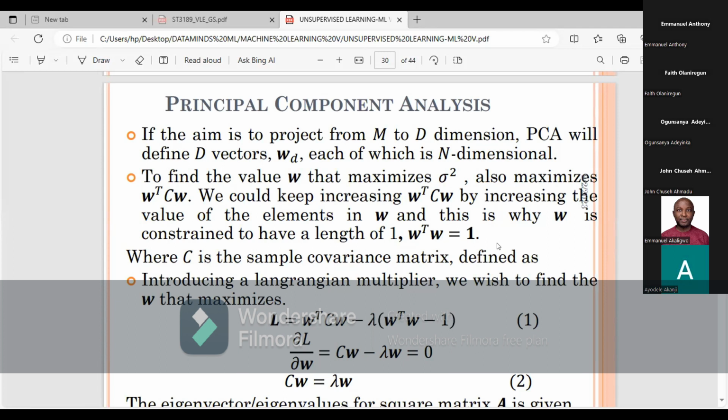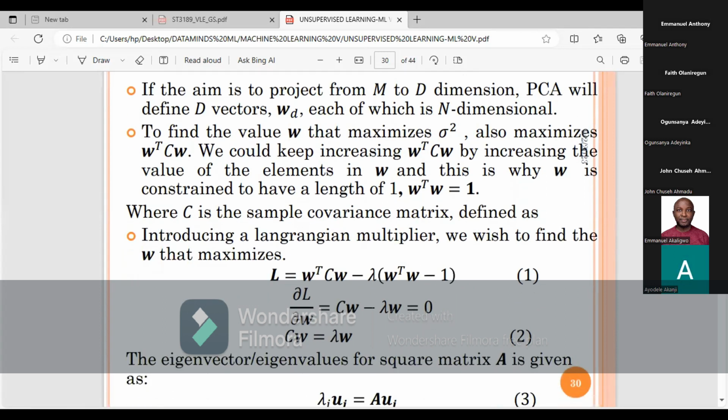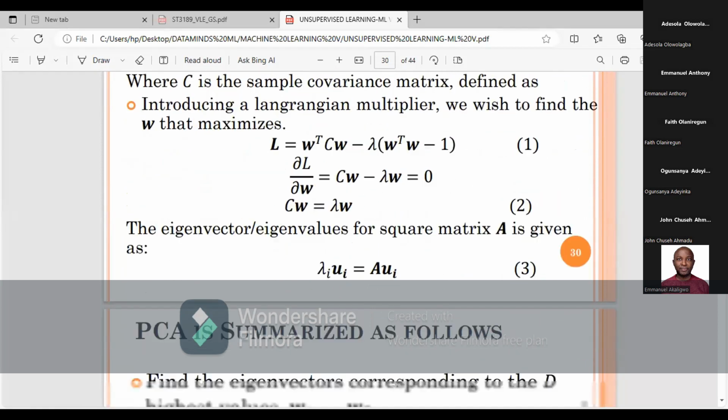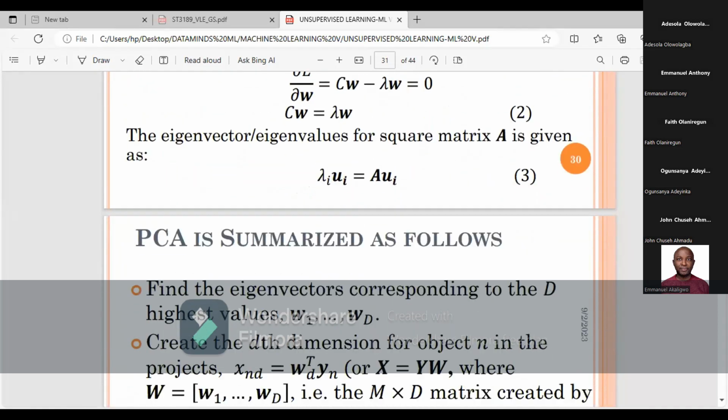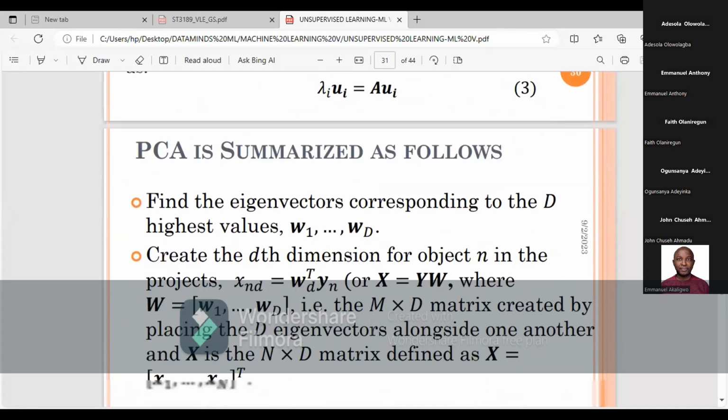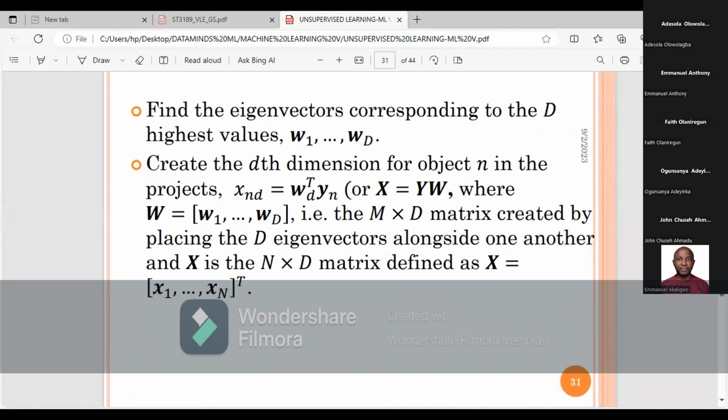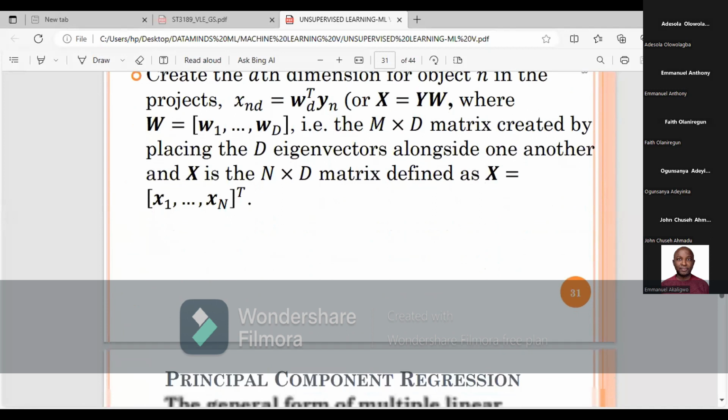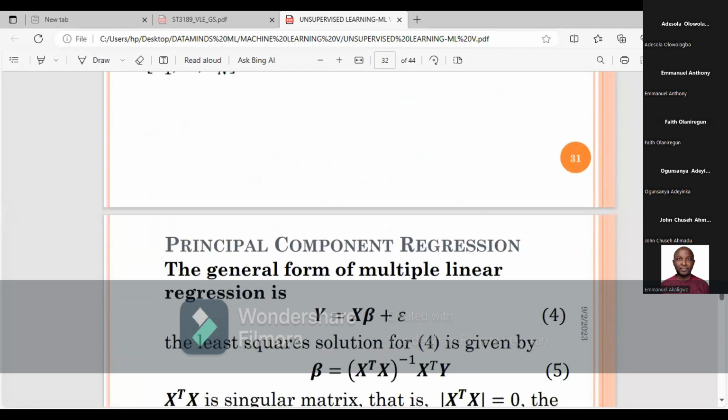And from our mathematics, we can see equation 1, starting from projecting from m to d dimension, and we have w sub d vector. When we subject that to Lagrange multiplier, it gives us equation 1. Then we produce equation 2, which is a replica of the eigenvalue equation that we are familiar with. Now we find the eigenvectors, we proceed from there, and we have the matrix.